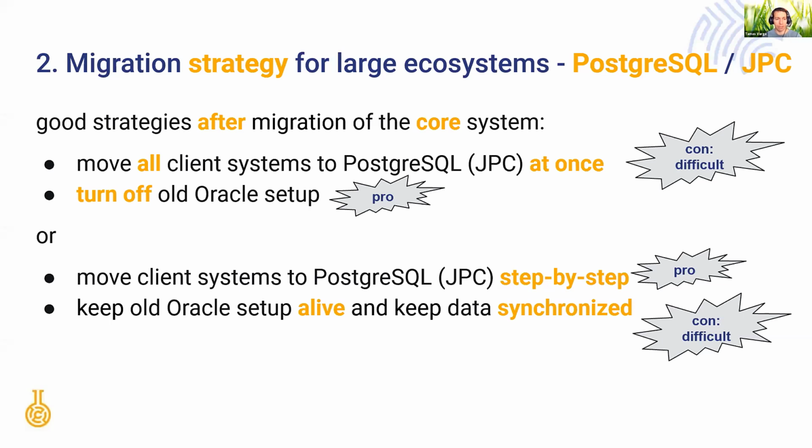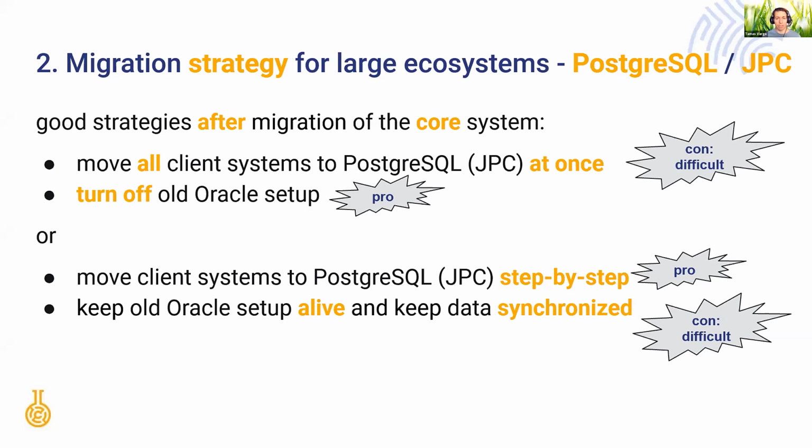The first is just moving everything at once to Postgres from Oracle. I think it's very difficult if you have many client systems. If you have only a few, it may be possible. But as soon as you did it, you can turn off your old setup and you are good to go. So that's the pro.